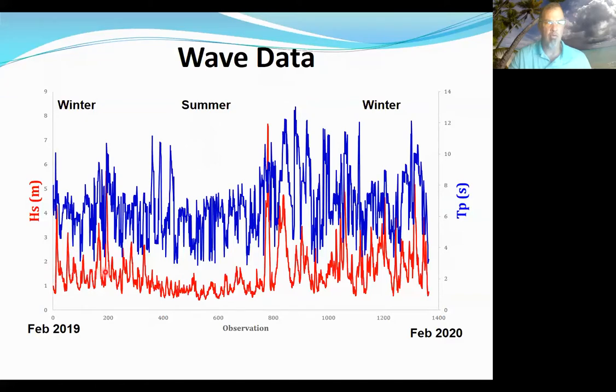You see the larger waves in the winter, decreasing in the summer, larger waves again in the winter. Again, quiet summer, but you notice these two blips. These are hurricanes, and this is actually Hurricane Dorian, which is a category 5. When it moved through the area, it was one of the worst hurricanes to hit the Bahamas in years and years. So we'll take a look at what that does to the scenario.